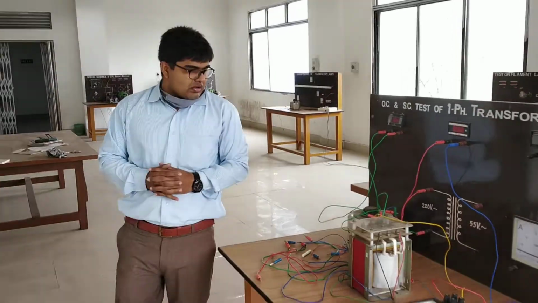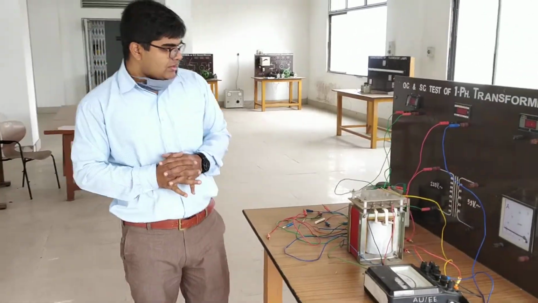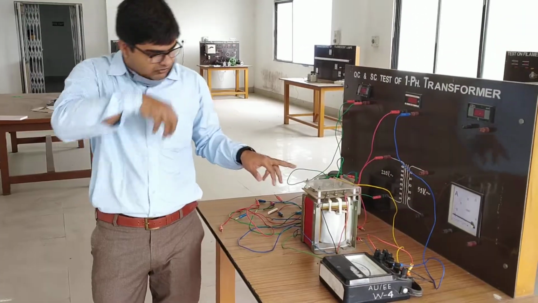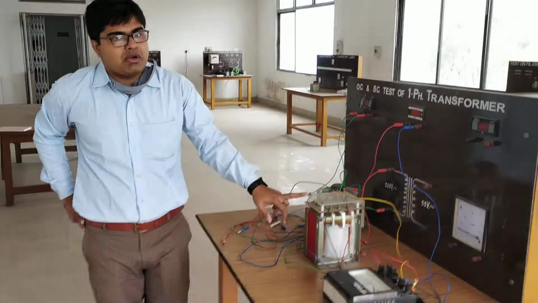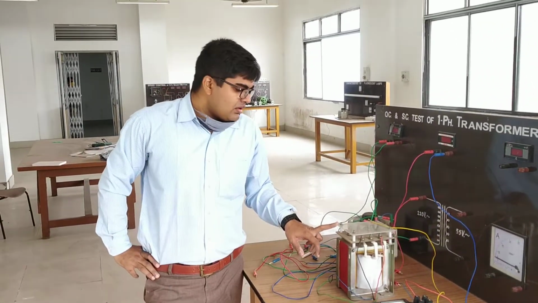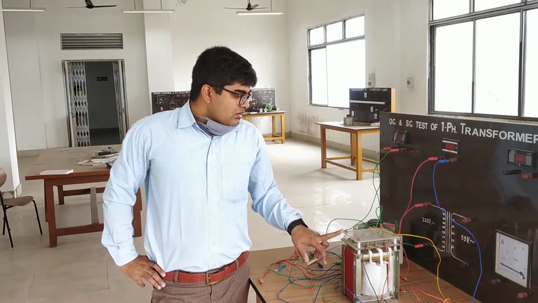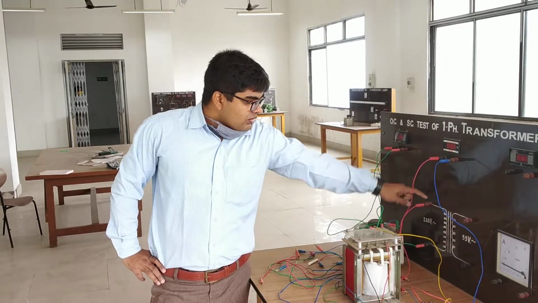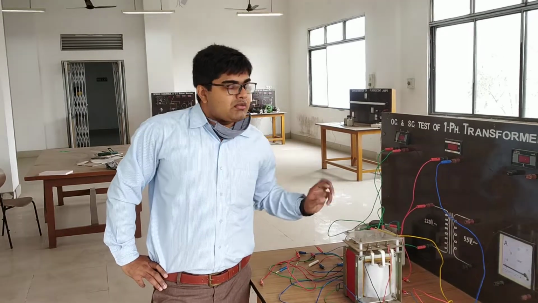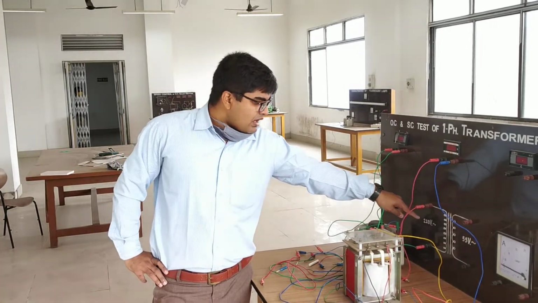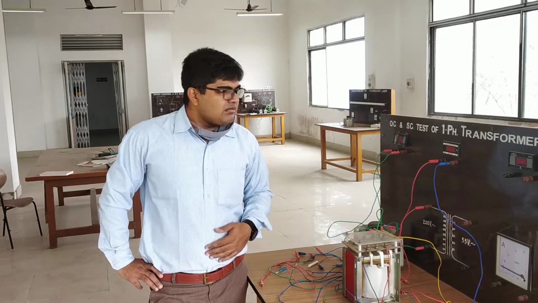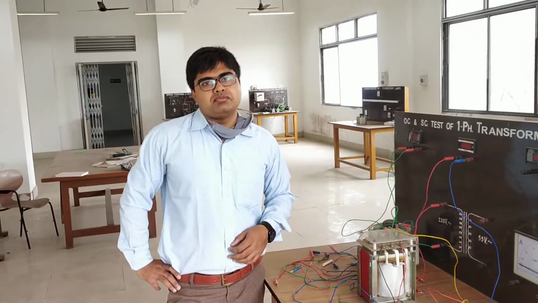Now, before giving the supply, I must tell you this transformer is 1 kVA. Power rating is 1 kVA, so 1000 volt ampere. This voltage is 220 volts. So what will be the current rating in the high voltage side? It will be roughly 4.8 ampere.